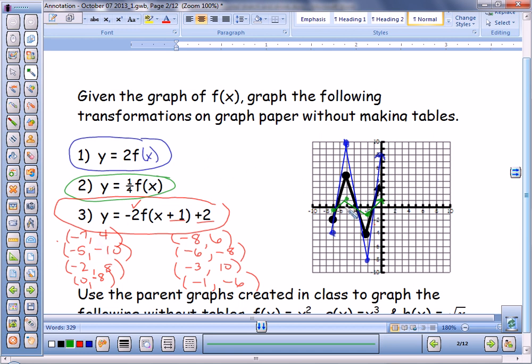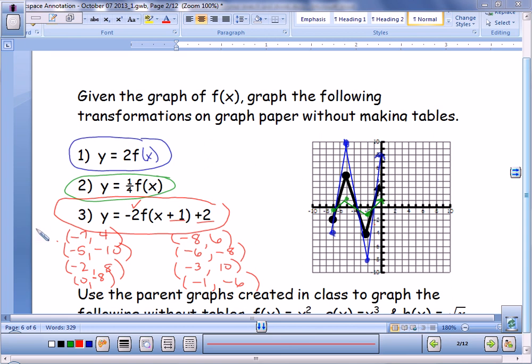This point here, -5, +5 would go to the point, whoops. Oh, hold on. First off, we would flip them. I haven't flipped them first. So this point would go from here to here. So it would go to -7, +2.